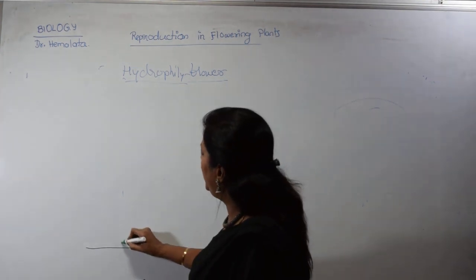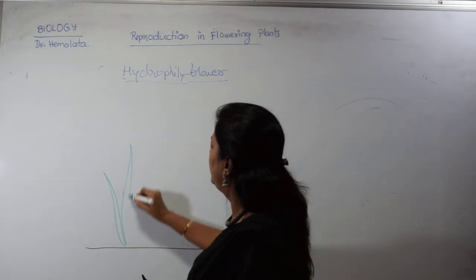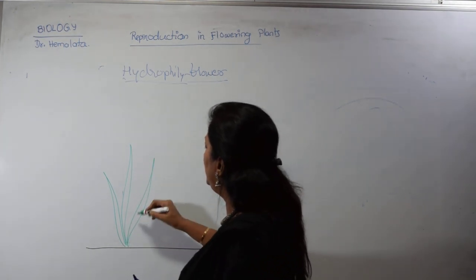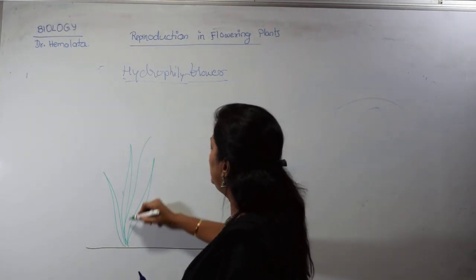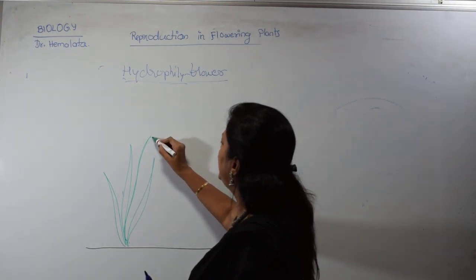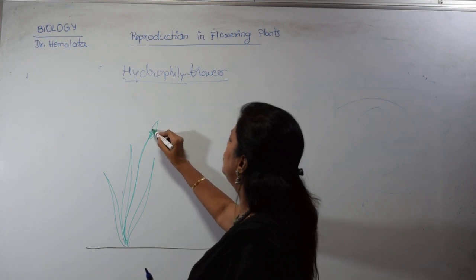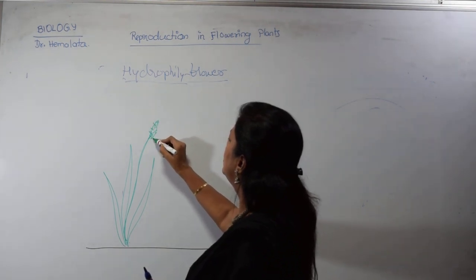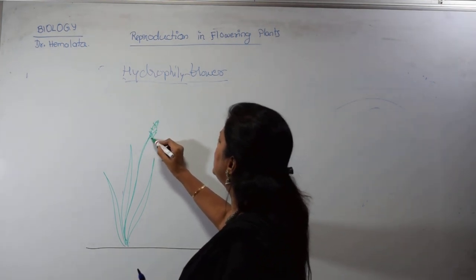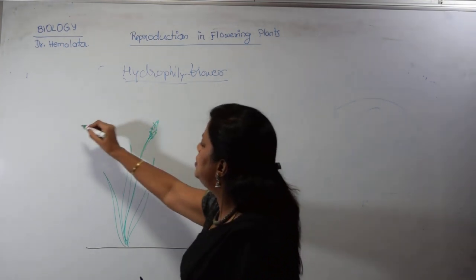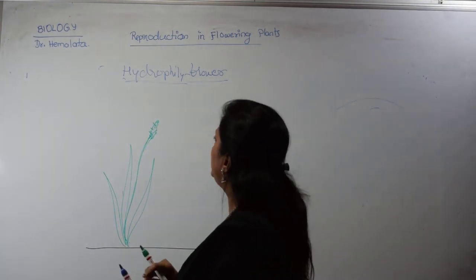So this is a male plant I am drawing, okay. The male plant produces the inflorescence, which is a spikelet inflorescence, like this. The male flowers are produced, right? Spikelet inflorescence.